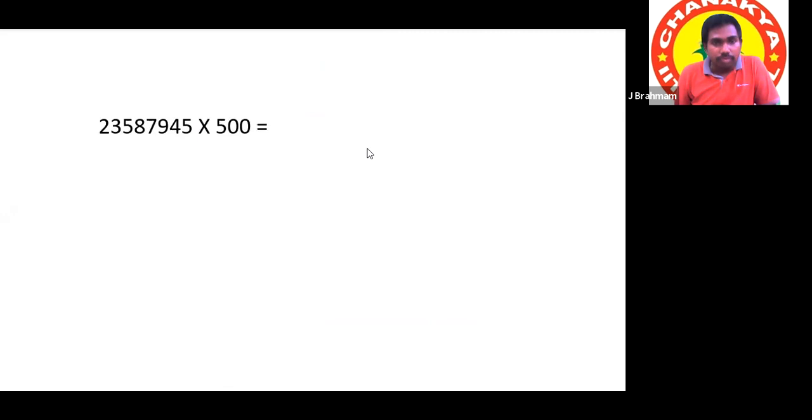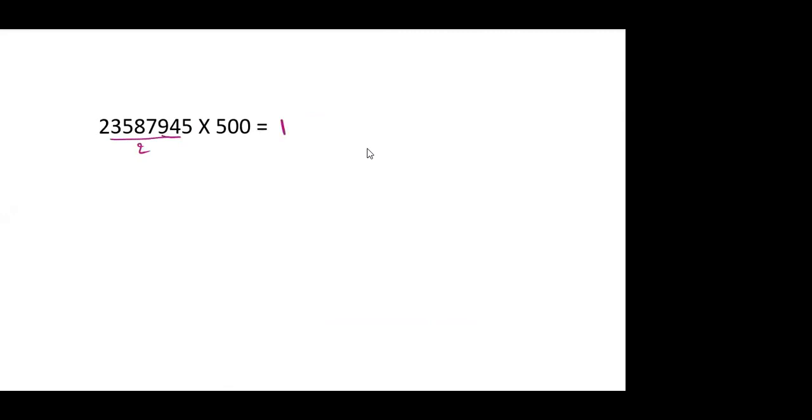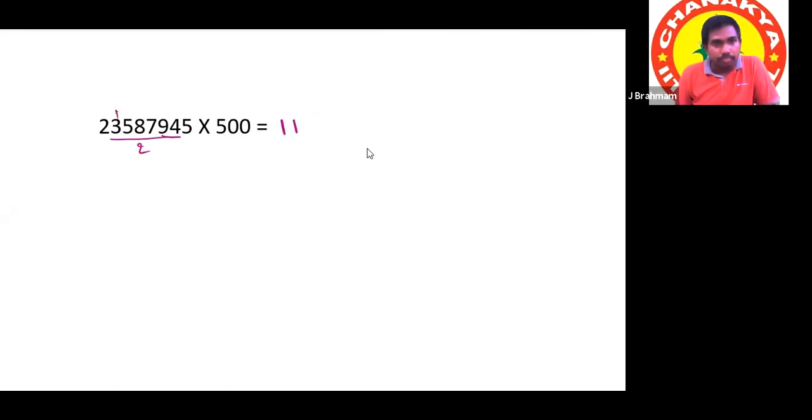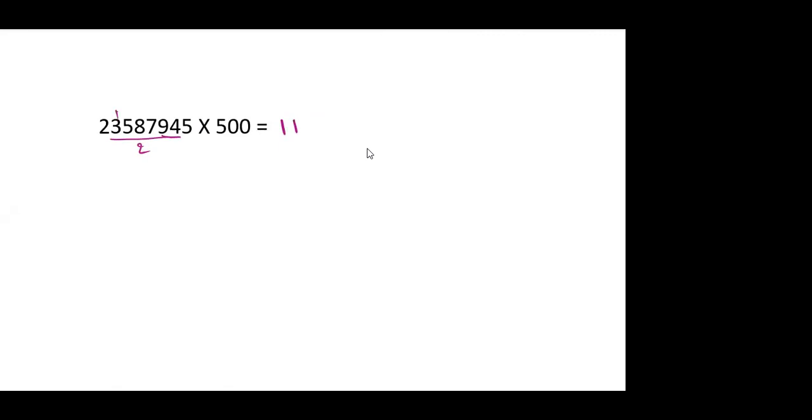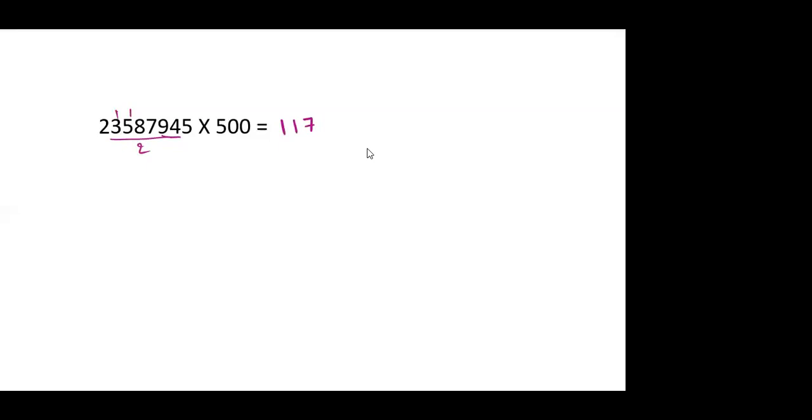Sir, as it is 500, we have to divide it by 2. 2 ones are 2, 1 remaining. As it is 15, so 7. 7 times 14. Then 8, so 18, 9. And 9.